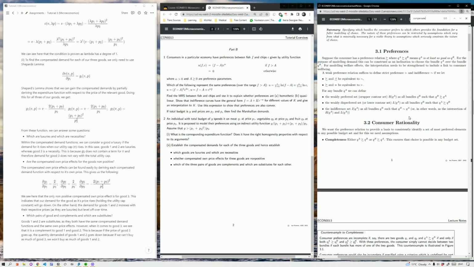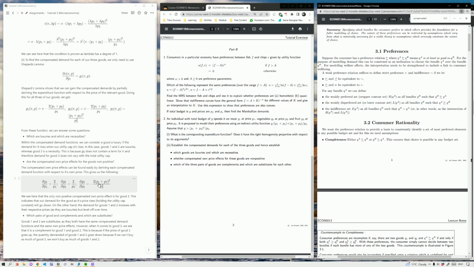Compensated. No. Well, in short, compensated own price effects are basically just the partial derivative of the compensated demand function with respect to its own price. So for the compensated demand function for good 1, it's just price 1, basically. So you repeat this for all 3. You get the same thing for 1 and 2, again, because they're pretty much identical.